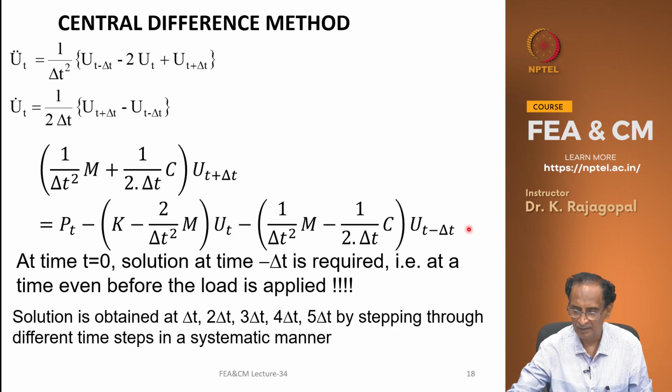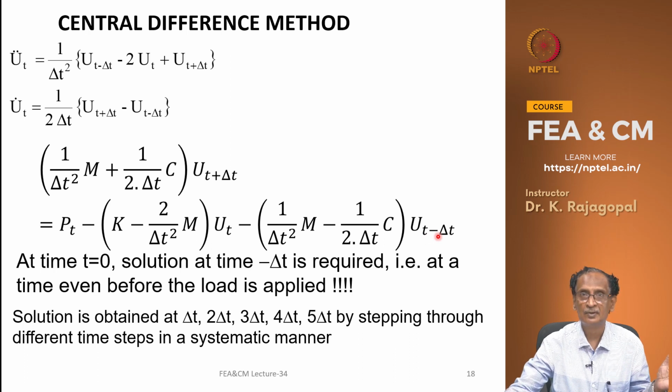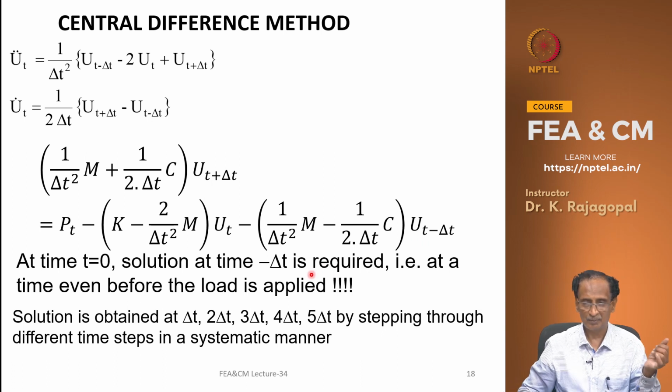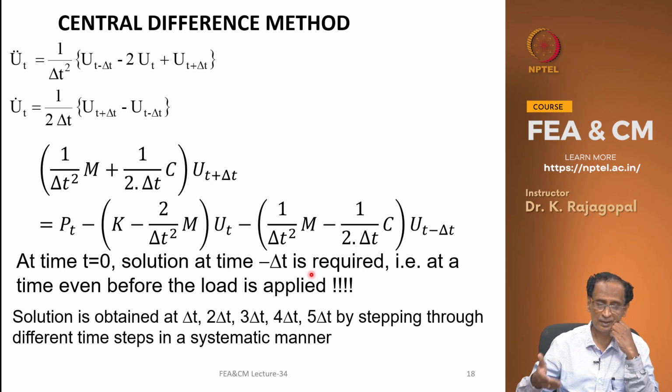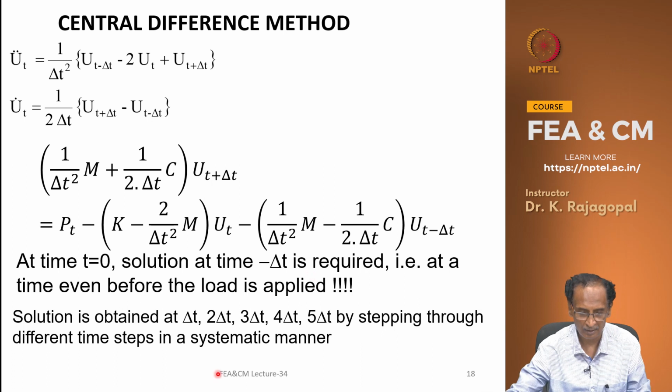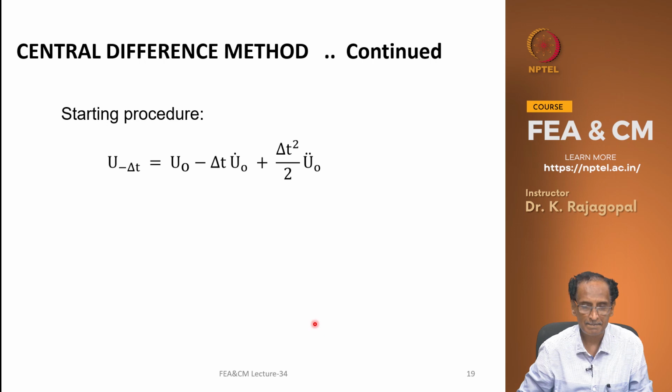But then if you look at this, the displacement at the previous time step, u at minus delta t, that is even before we start applying the load, we should know what happened before that. But there is a method for getting that, and once you get it, then it is a simple recursive equation. We go on getting the solution at time delta t, 2 delta t, 3 delta t and so on by the time stepping scheme or the time marching scheme.